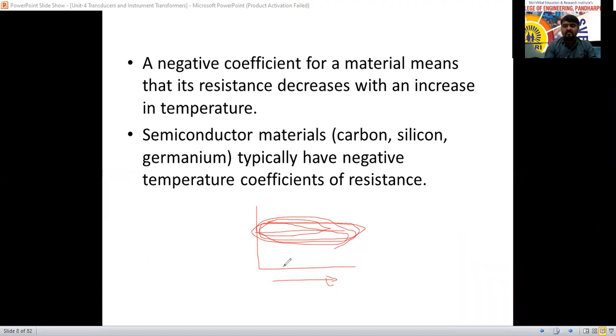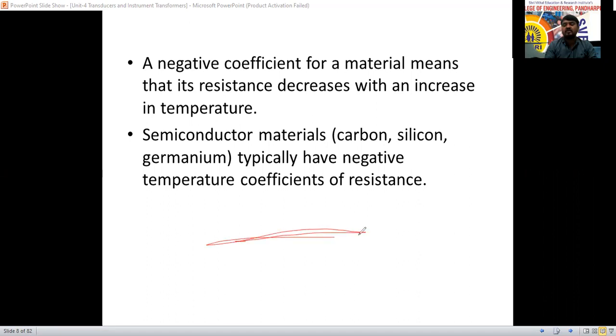It is not in your syllabus, but I am taking it just for your knowledge. Some conductor materials maintain their resistance constantly, whether the temperature increases or decreases. Constantan and manganin, these two materials maintain their resistance constantly.